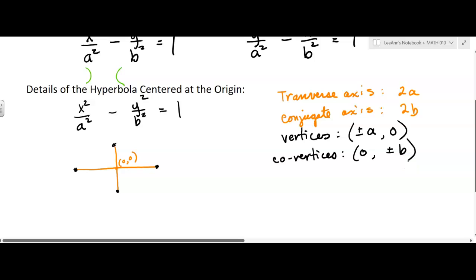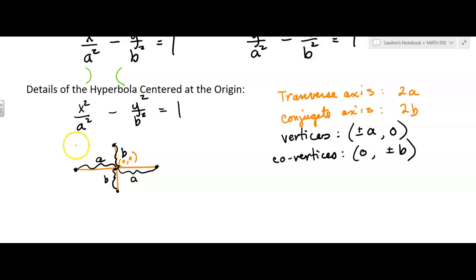Okay, so you could probably kind of gather that, like what we did with the ellipse. But the distance between the center and the vertex, that is a. And the same thing over here, that is a. And then the distance between the center and the co-vertex is b. And the same thing up here, b. Okay. So when you're graphing them, if you know what a and b are, similar to how we did the ellipse, we can graph those.